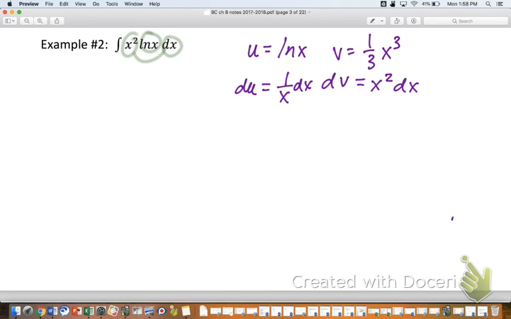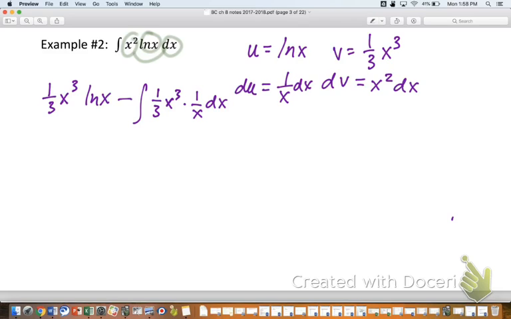Very good. So once you have your v's and your du's and your dv's and your u's set up, it's just a matter of setting up ultraviolet voodoo to finish this out. So it would be 1/3 x cubed natural log of x. That's ultraviolet. Minus, because it's bad, voodoo. So it'd be 1/3 x cubed times 1 over x dx. Why is this so much better?